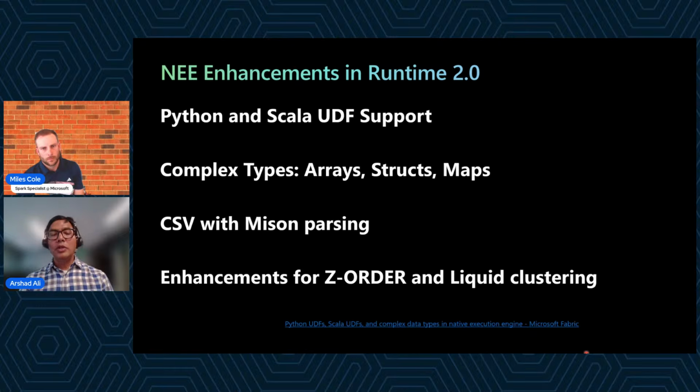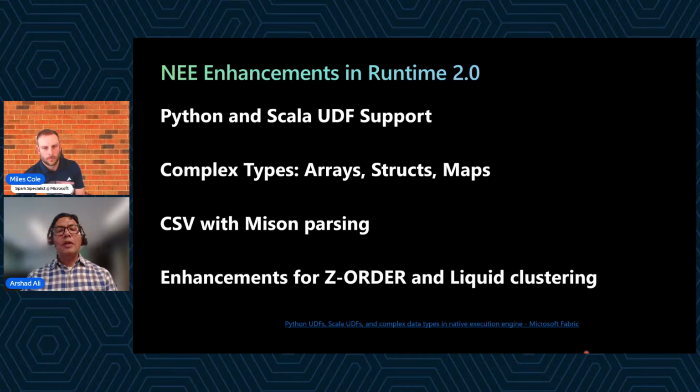We are pleased to announce that we now have complex data type support in the native execution engine, so that there is no overhead of converting your columnar data to row-based data and doing the processing. That way your execution runs much faster. In our tests, we have seen 2.5 times better performance when using complex data types on the native execution engine.